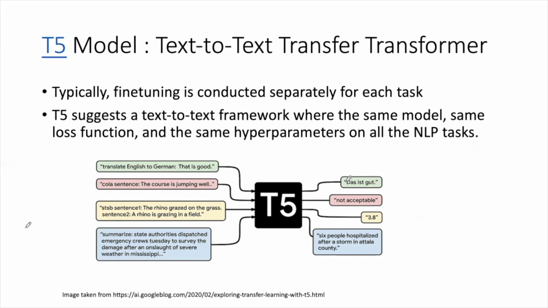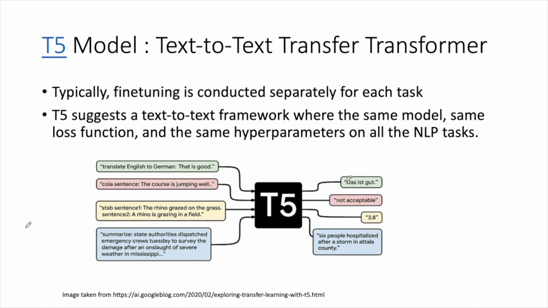In general, whenever we fine-tune these pre-trained models, we fine-tune on one task at a time. In the T5 model, what they suggested is, instead of fine-tuning on one task at a time, you do the learning for all the tasks at a time.